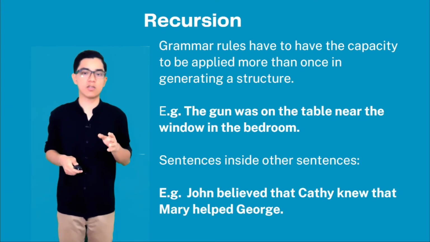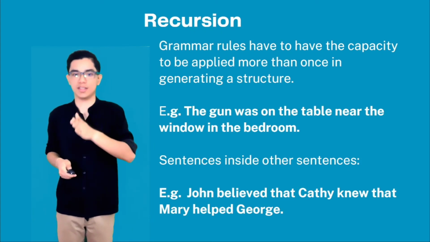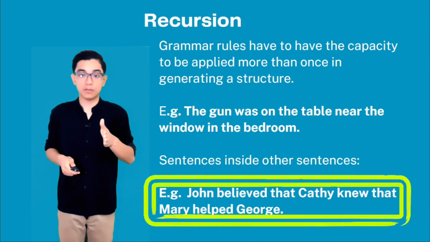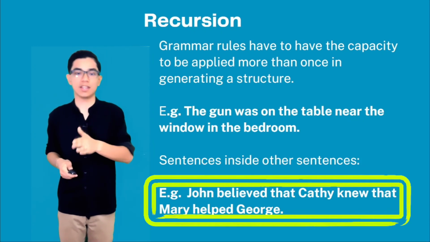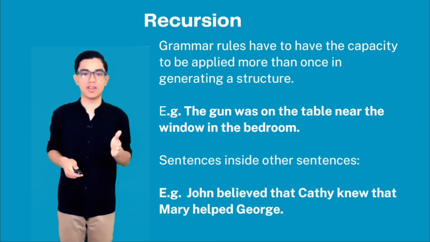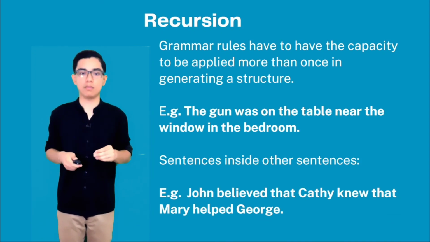Also, grammar has to have the ability to put sentences inside other sentences. For example, John believed that Kathy knew that Mary helped George. So, we can say that recursion produces longer, complex sentences.